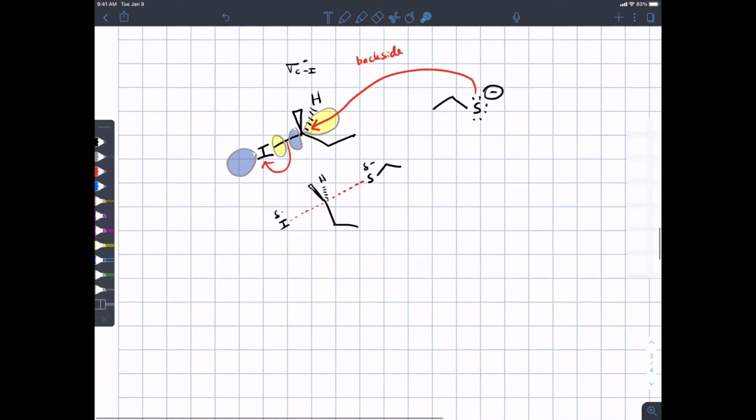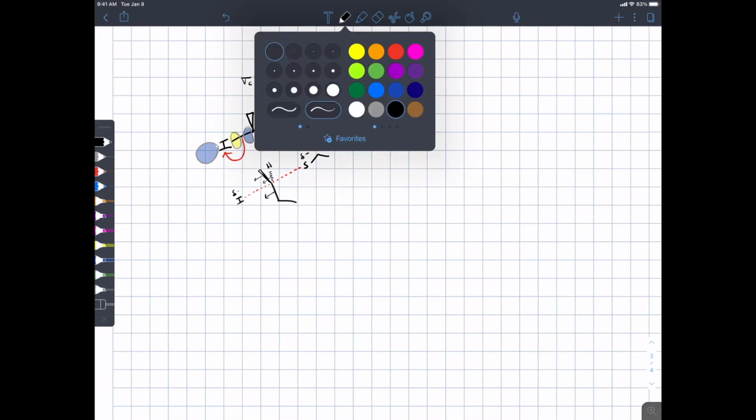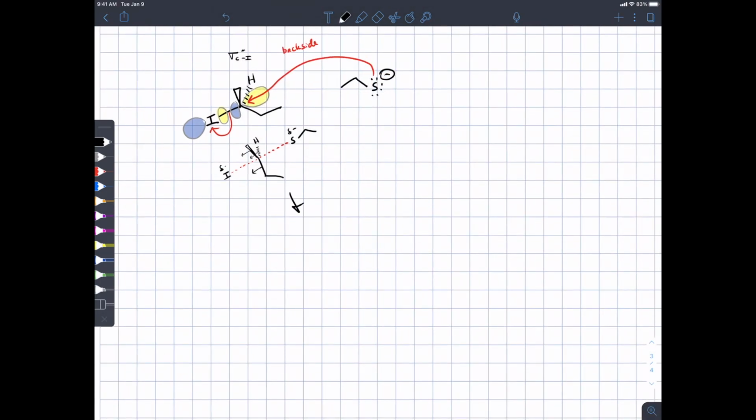And as iodide continues to leave, these groups are going to continue to be pushed away from the incoming nucleophile, such that when the reaction is completed, this is what I've got.